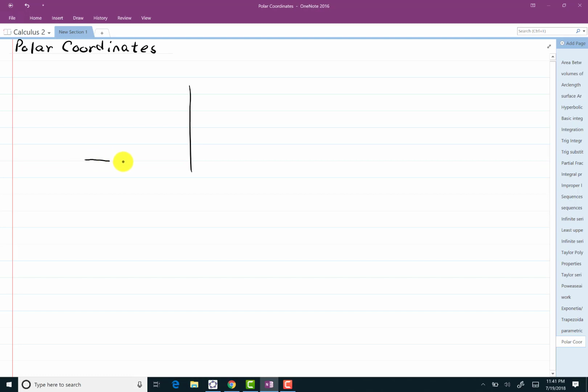So I'll start with, in the first quadrant, let's say I have a point that I want to call x comma y. Well, the way to change this to what is known as a polar coordinate system is to draw a line from the origin to the point.